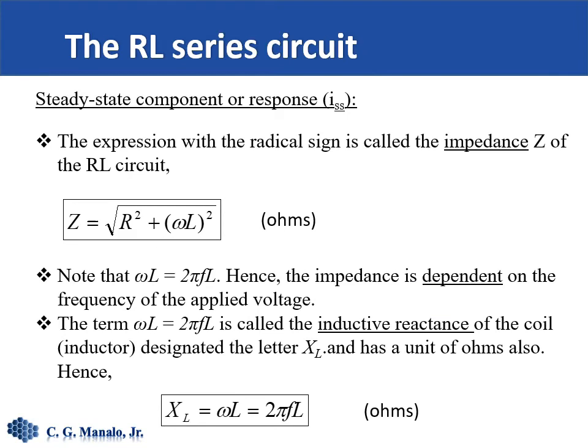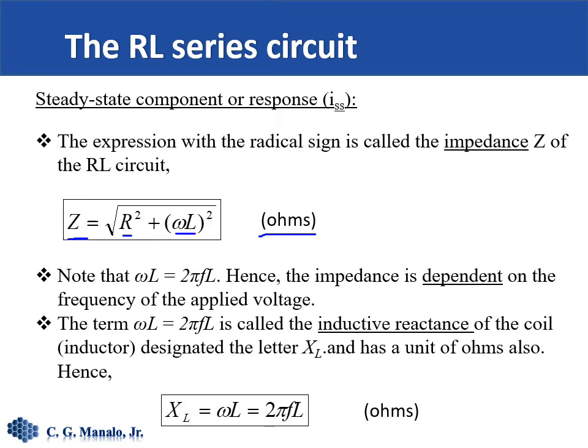We have some names for some of the expressions in our complete solution. For example, square root of R squared plus omega L squared, we call it the impedance of the RL circuit. The unit for the impedance is also ohms by just looking at the units inside the radical sign.